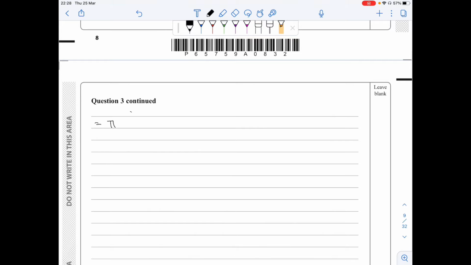This gives me pi times (e to the ln 4 minus 8 e to the 0.5 ln 4 plus 4 ln 4) minus (e to the 0 minus 4e to the 0 over 0.5 plus 0).